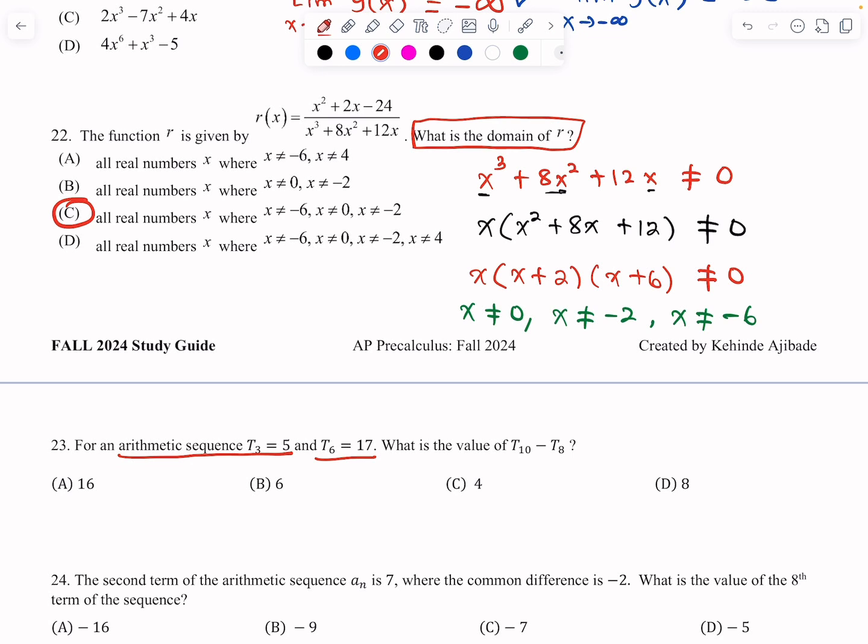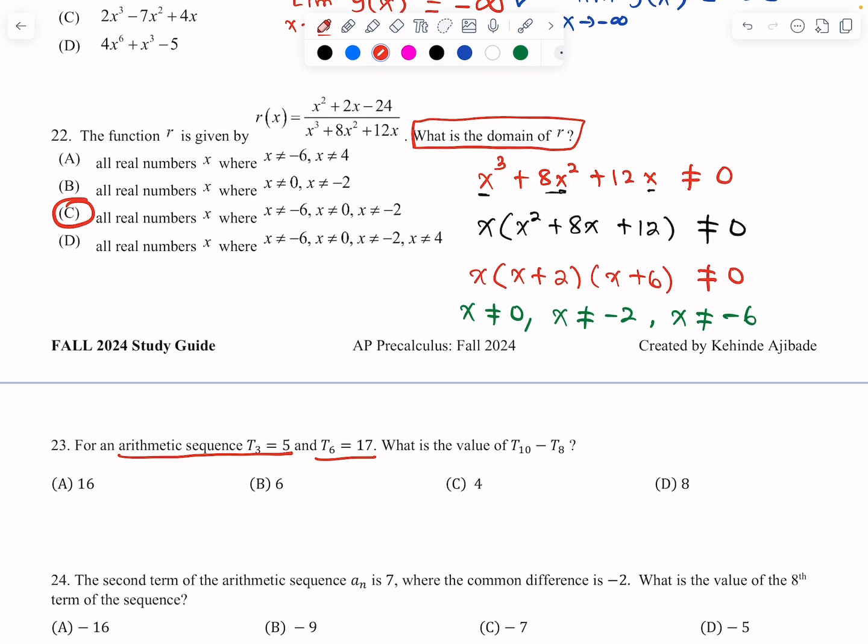For this question, you can do it in two ways. Either you list all the sequence up to T10 and then you subtract, or another way to do it is by using the formula.